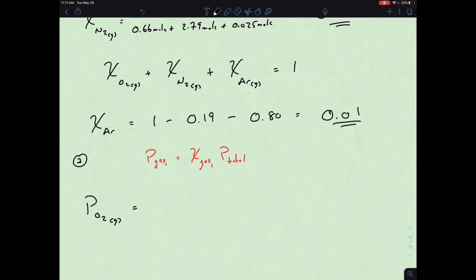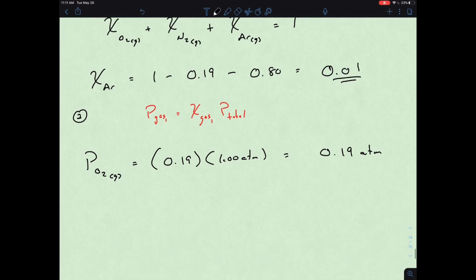So for our oxygen gas, we would have 0.19 as its mole fraction times the 1 atmosphere, or 0.19 atmospheres for our O2. And we want to do the same thing for the nitrogen gas with its mole fraction of 0.8.